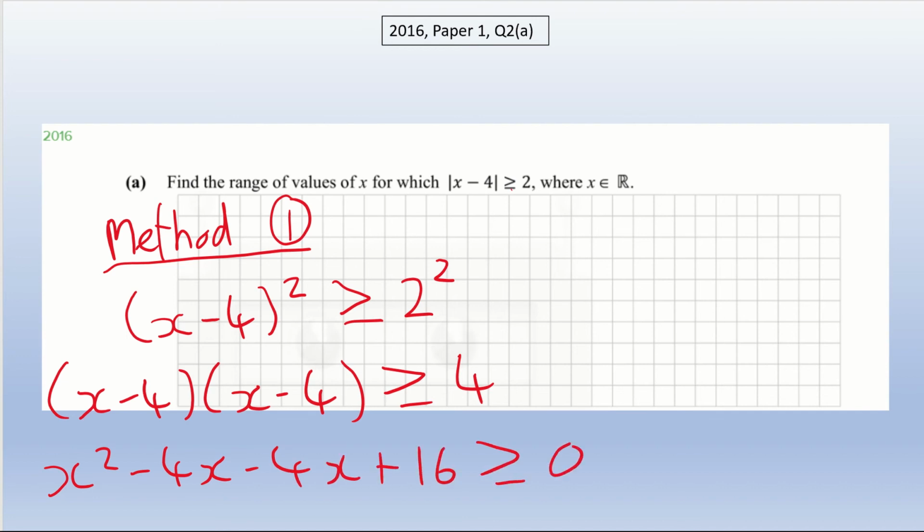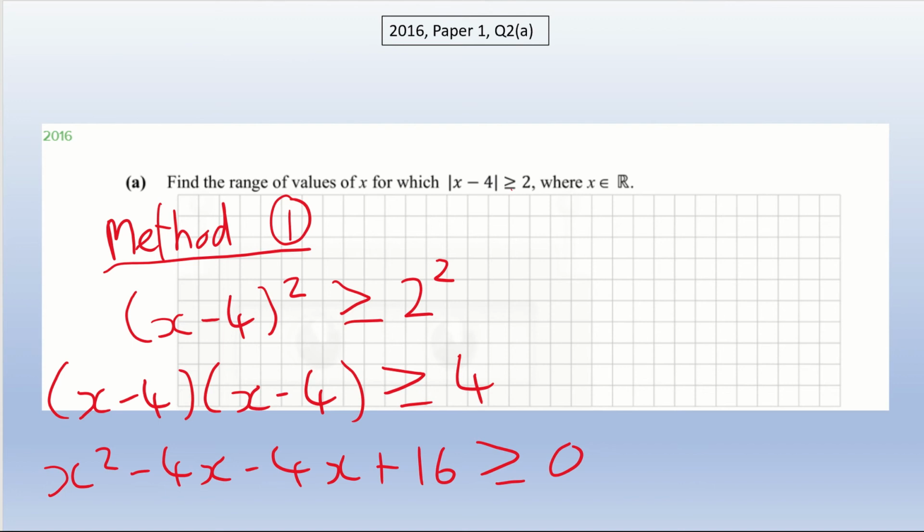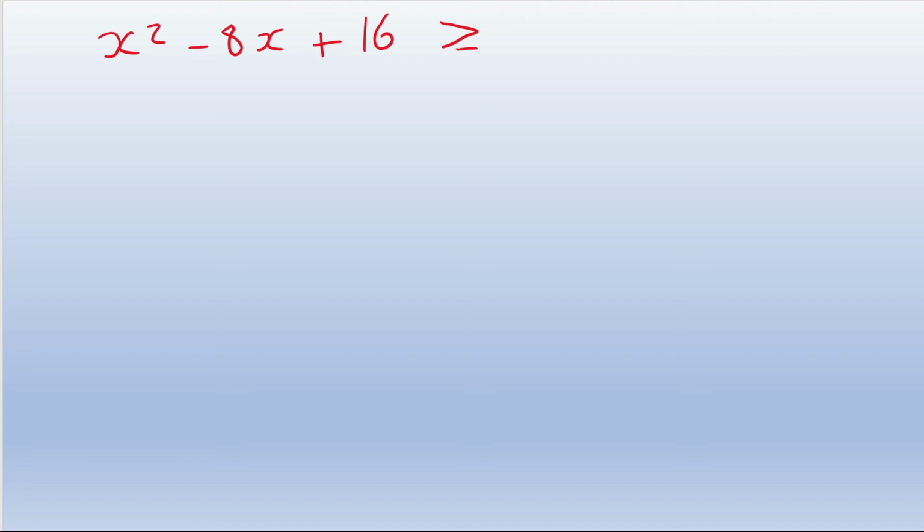Then on my next line, I'm going to have x squared minus 8x plus 16 is greater than or equal to, oh, I've had a 0 there, apologies, that shouldn't be a 0, that should still be a 4. So greater than or equal to 4. If I take 4 away from both sides, I'm going to have x squared minus 8x plus 12 is greater than or equal to 0.